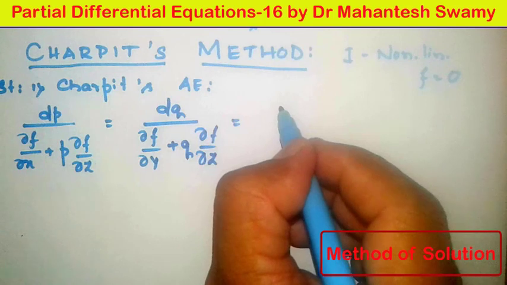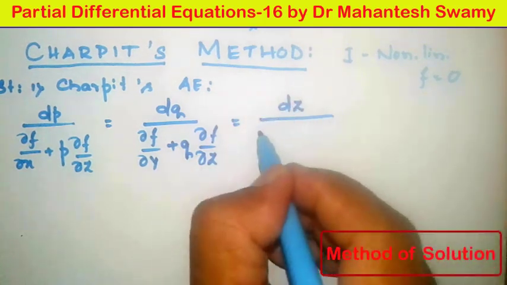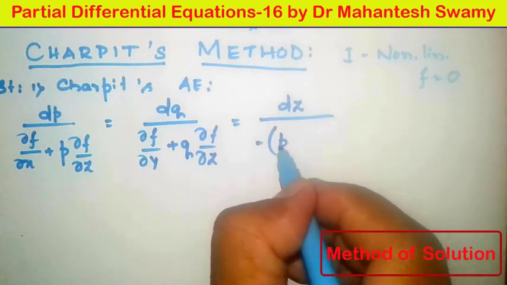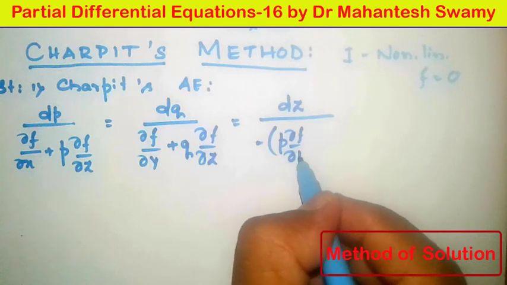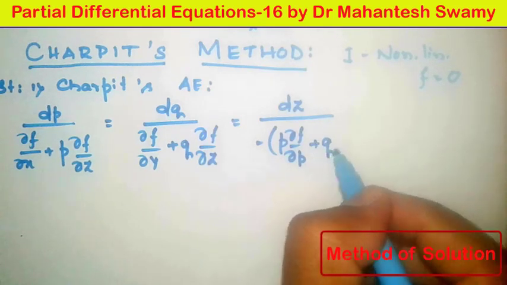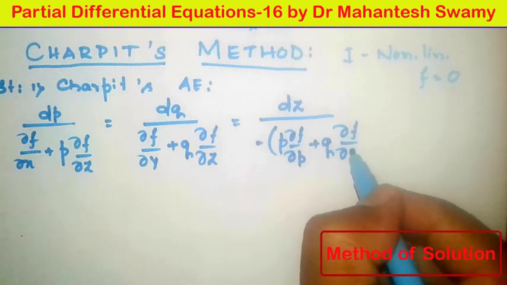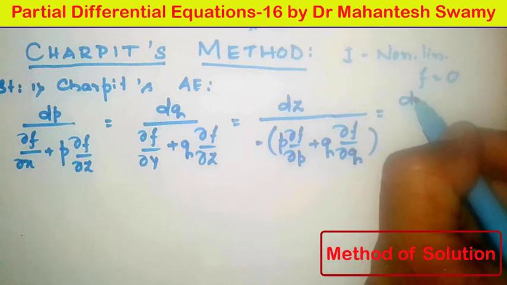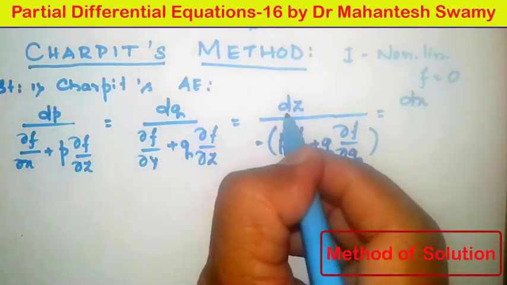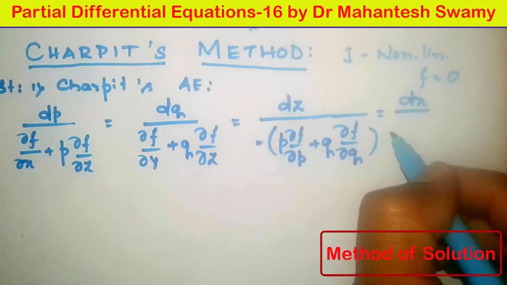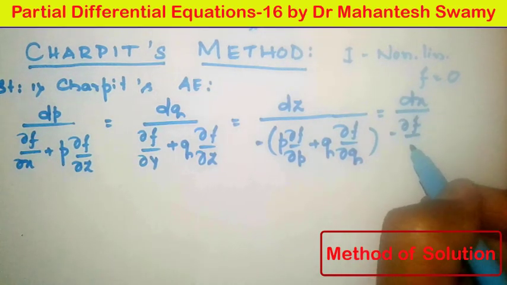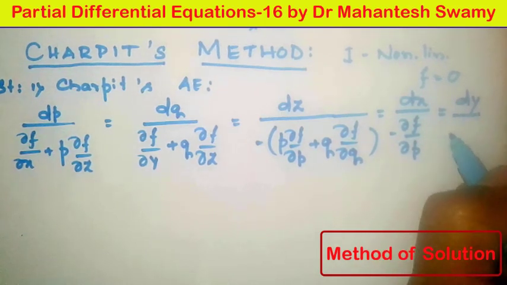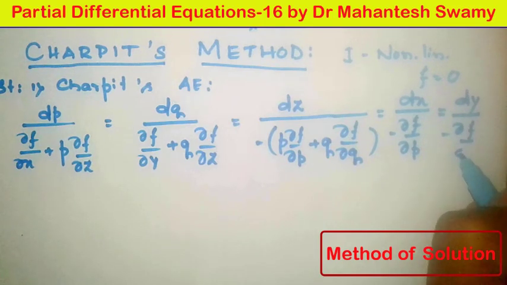Now the third one is dz divided by minus of p into ∂f/∂p plus q into ∂f/∂q, that is equal to dx divided by minus ∂f/∂p, and that is equal to dy by minus ∂f/∂q, that is.